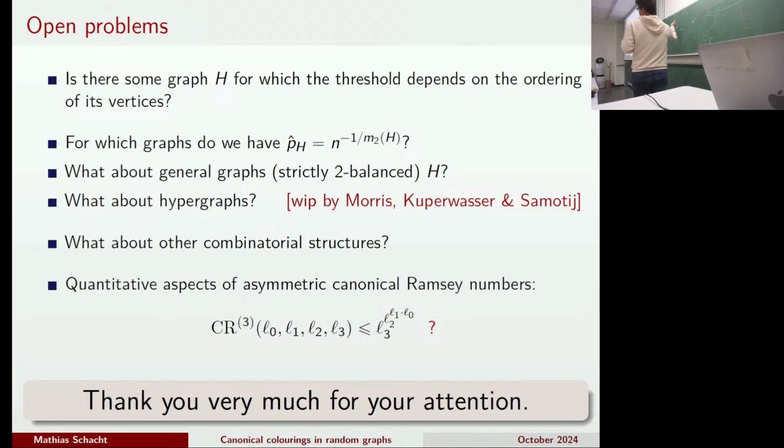And let's say for those I want to keep the same number. They should be symmetric, right? And if you look at this proof, which we have just seen, then it gives you an upper bound of the form L2 to the L0 times L1. If you look closely, then there will be a 6 here. And this is also why the general upper bound I told you is 2 to the L squared log L, right? So if all these L's are the same, then this is 2 to the L squared log L.